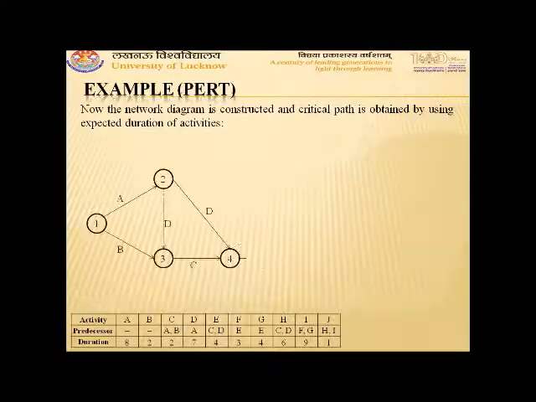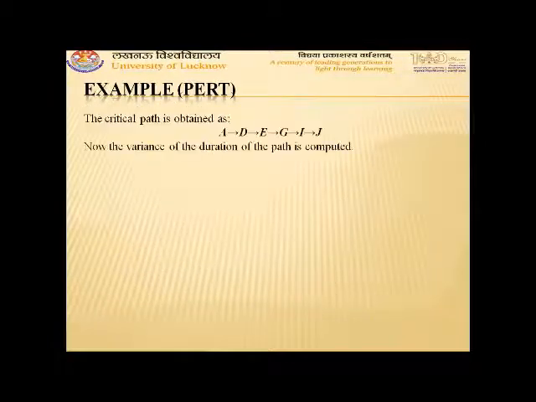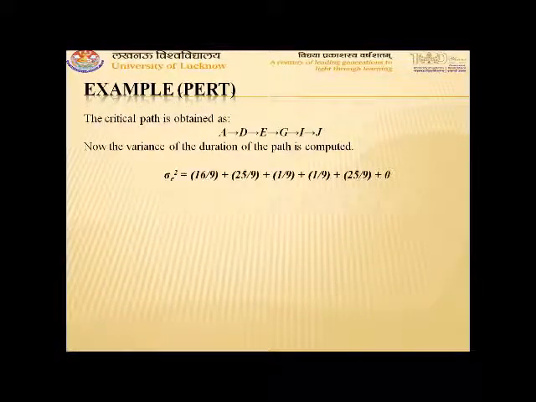So the variance of the critical path is obtained as sigma E square equals 16 by 9 plus 25 by 9 plus 1 by 9 plus 1 by 9 plus 25 by 9 plus 0. This sum comes out to be 25 plus 25, 50, plus 16, 66, plus 2, 68 upon 9. So it is the variance of the expected duration.